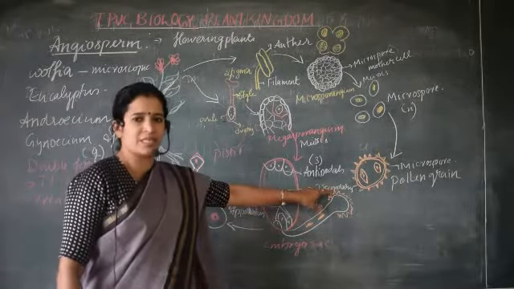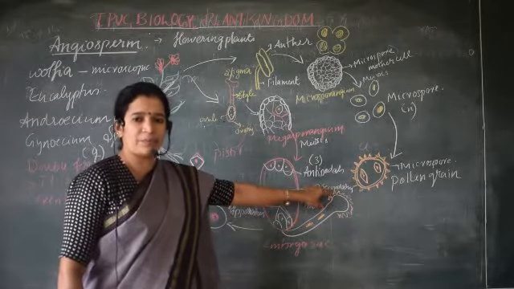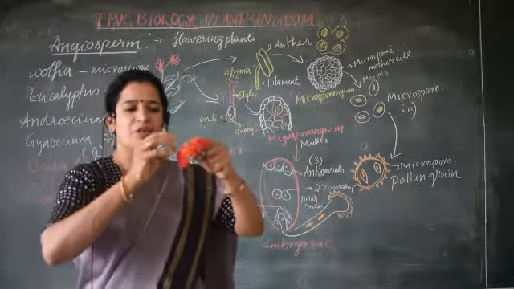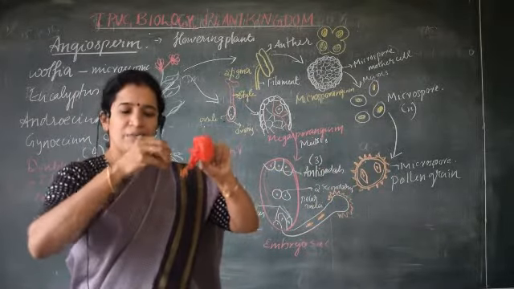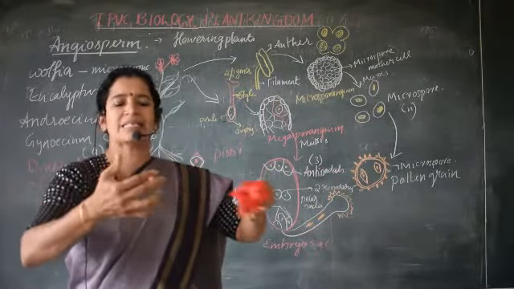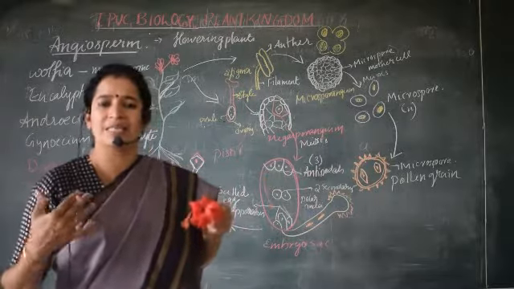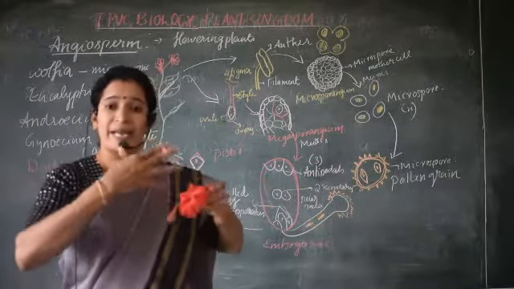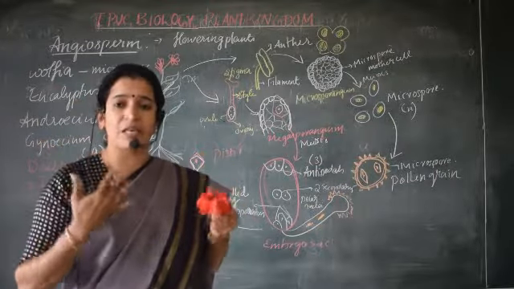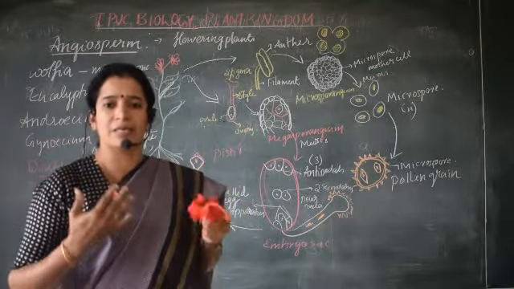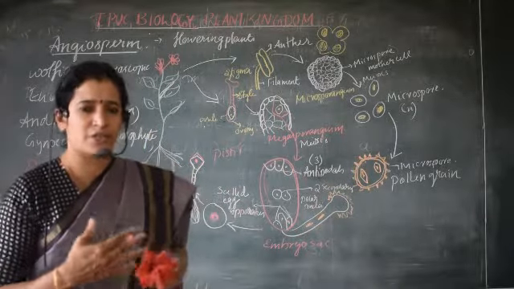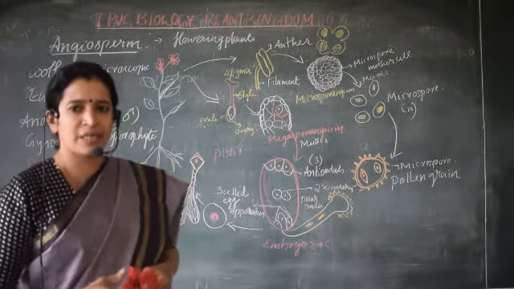So what happens here? Pollen grains are released from the anther once the anthers dehisce, that means once the flowers mature, the anthers open up and release the pollen grains. At once they release thousands of pollen grains, and these pollen grains are carried by air, wind, or by birds and insects. That process is called pollination. There are many pollinating agents.